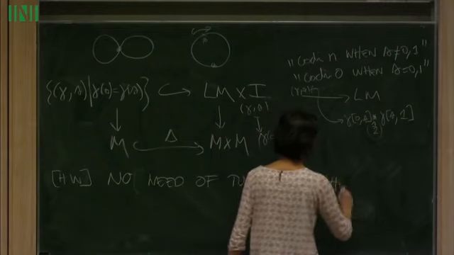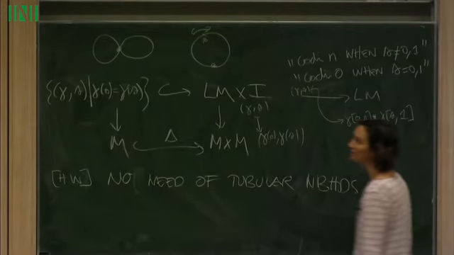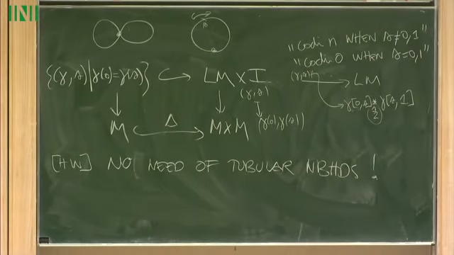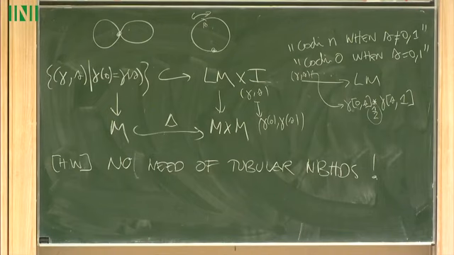So this is the easiest fix: you never need these tubular neighborhoods. Why do you bother constructing them? It's fun, but except for that, you can define these.